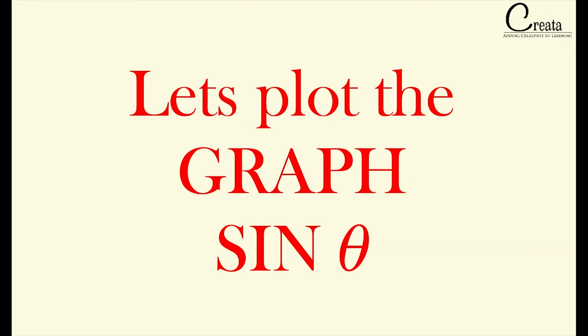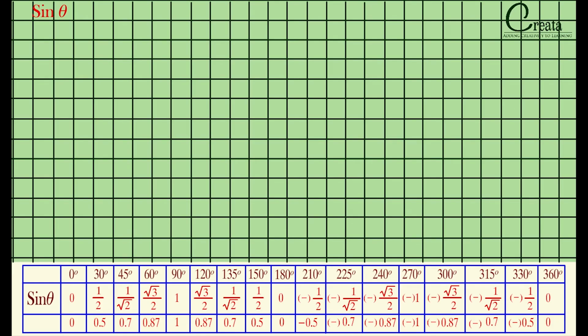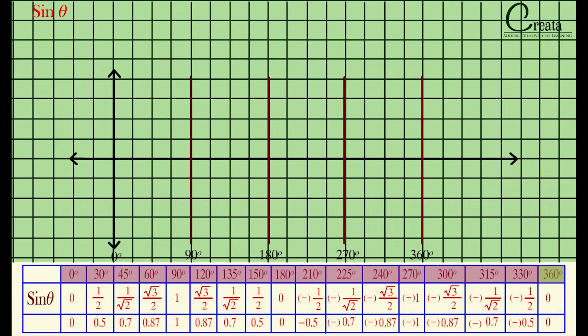Okay. Now, how to plot the graph? What are the things that you need to plot the graph? Here we need two things: items on the x-axis and items on the y-axis. On the x-axis, we will take all the angles like 0 degrees, 90 degrees, 180 degrees, and these angles will continue to 360 degrees. On the y-axis, we will take values of sine theta, which lie between 1 and minus 1, as it does not exceed 1 and does not go below minus 1.